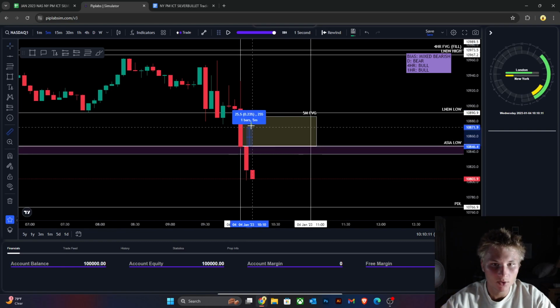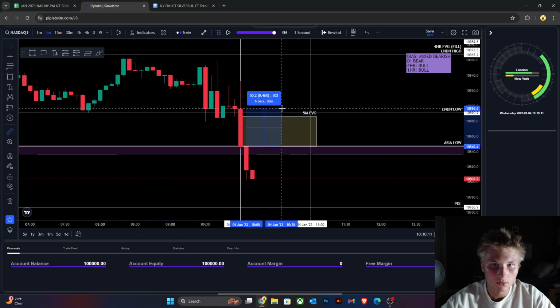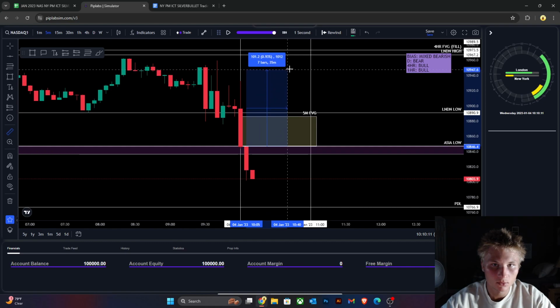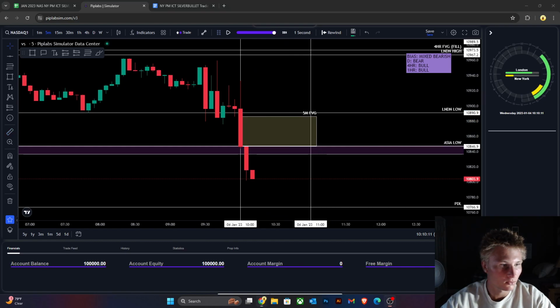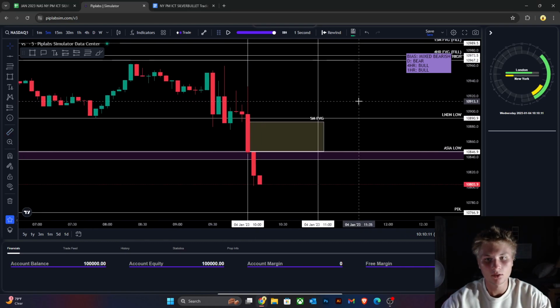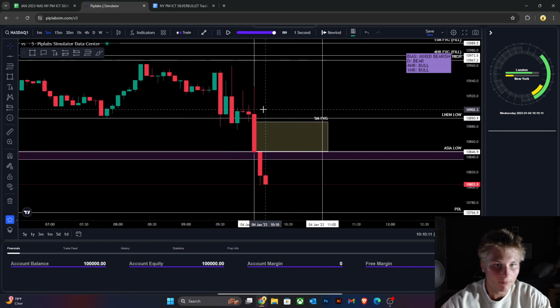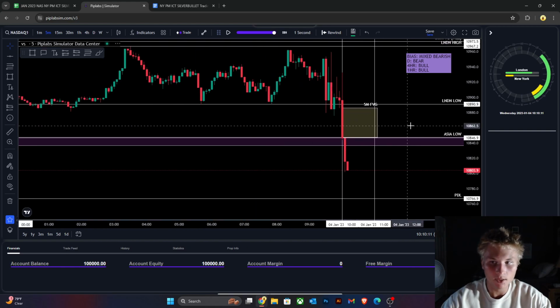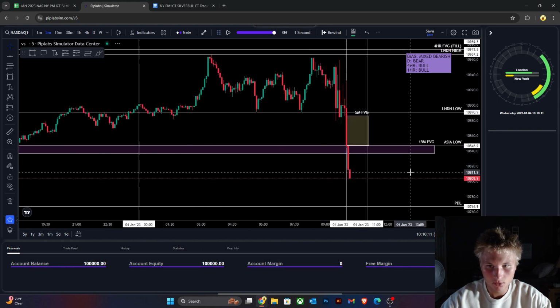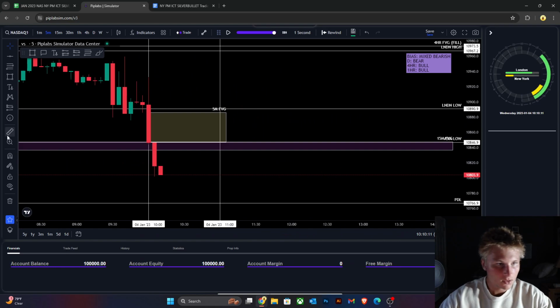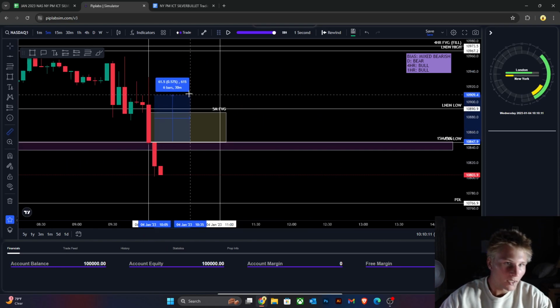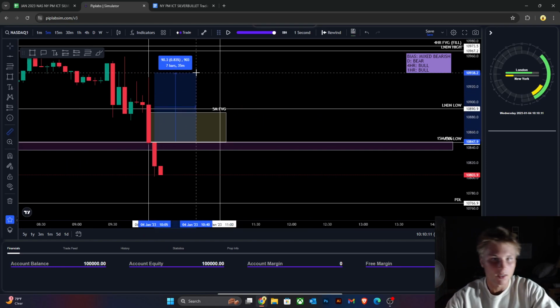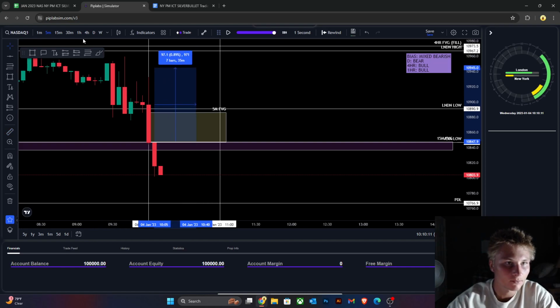Yeah, this is a bit too wide. But right here, I do see this 5-minute gap, but it is like a news candle gap, and stops would be pretty wide. Kind of crazy stops if I'm being real.